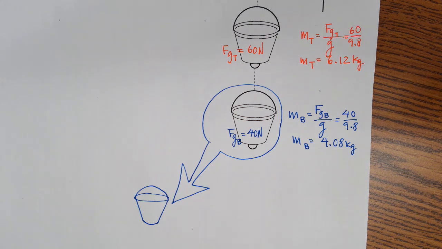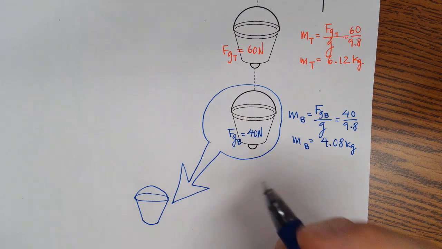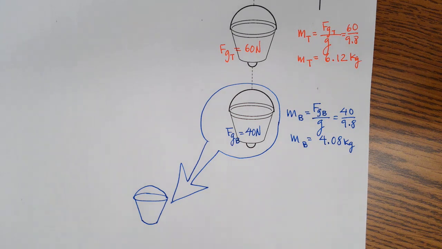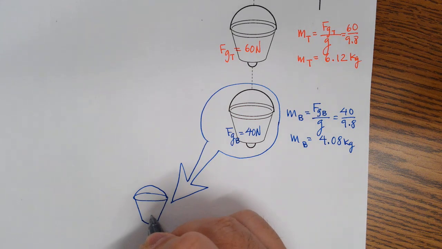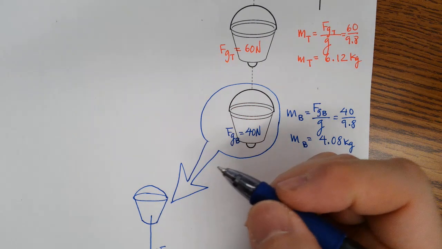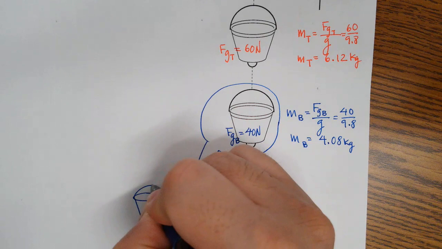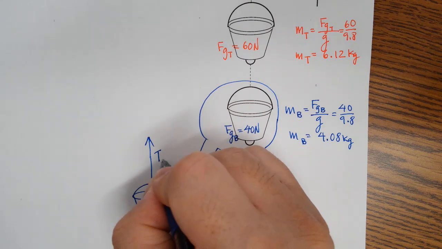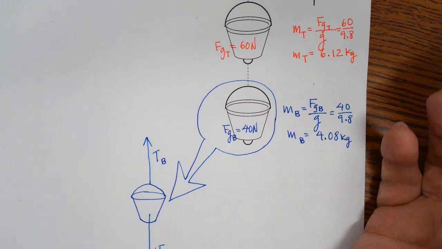Come on, how many forces? 2. Very good. Which are they? What's the obvious one? Gravity, Fg bottom. Good. And tension. Yeah, the tension. I'm going to say tension bottom because it's the bottom bucket.